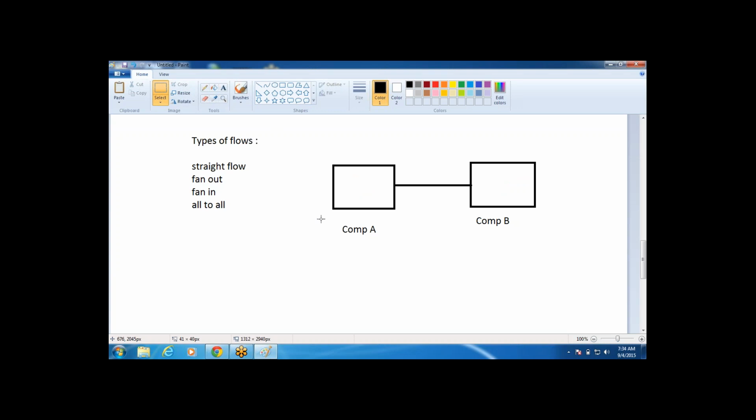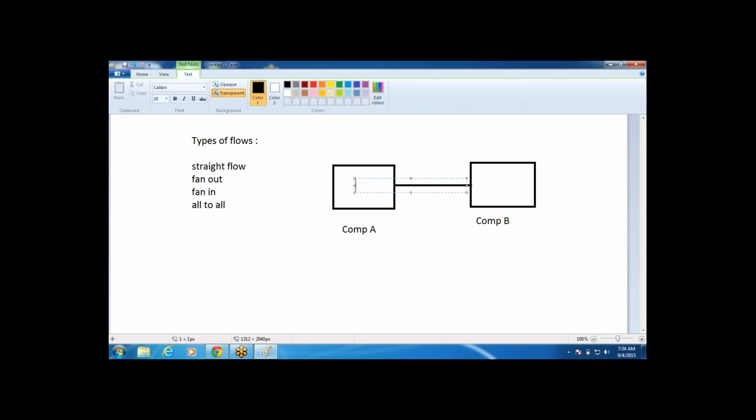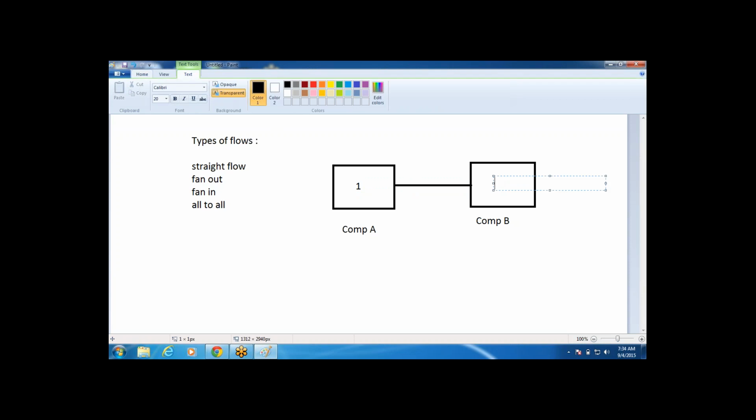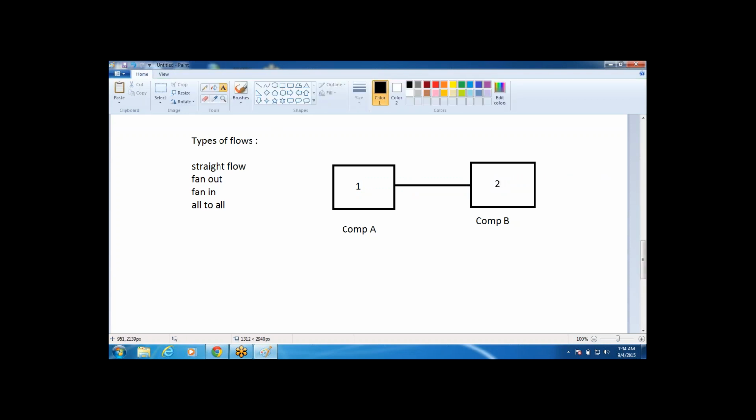And fan out. Let's say this is running on serial and this is running on parallel. So we are getting the records from the file and distributing the records into the partitions.